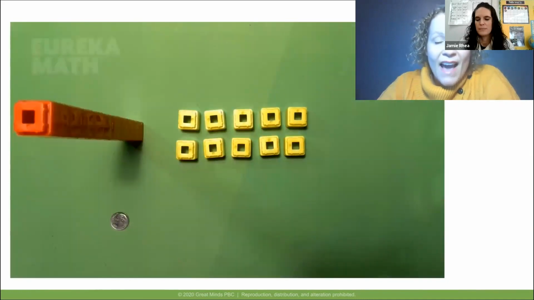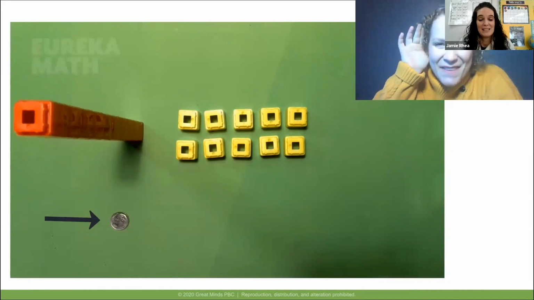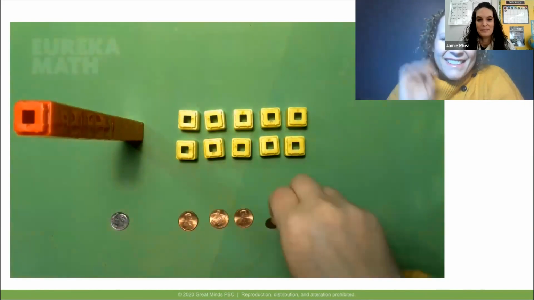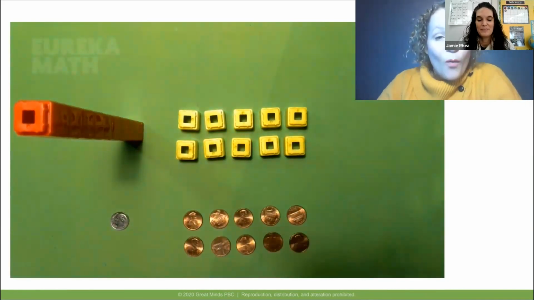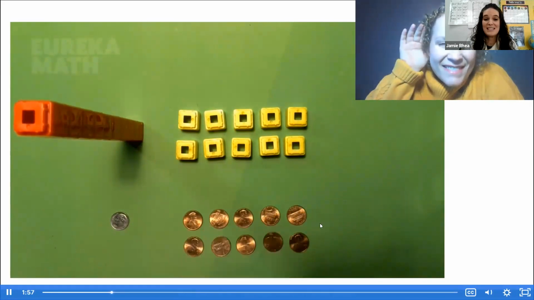How many pennies have the same value as 1 dime? 10 pennies. Way to go. What is the same or different about these two groups of coins? So they're both 10, but this one is 1 dime and this one is 10 pennies.